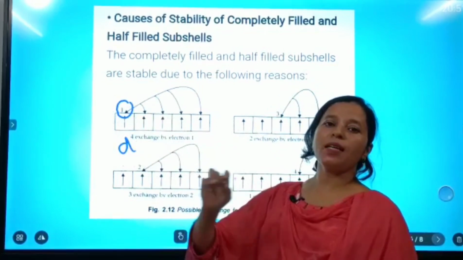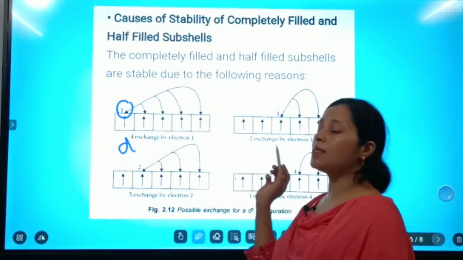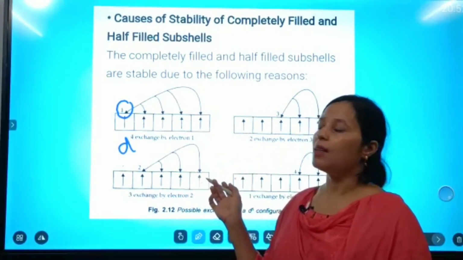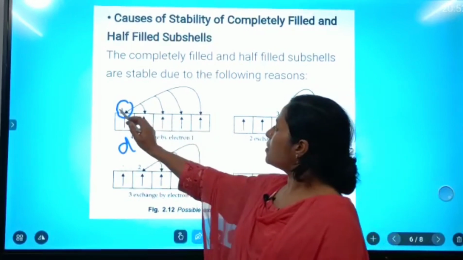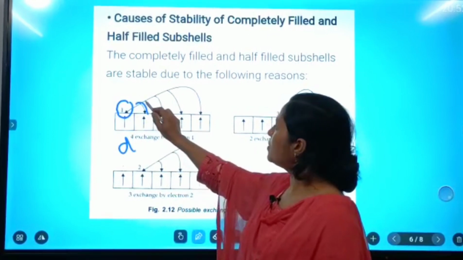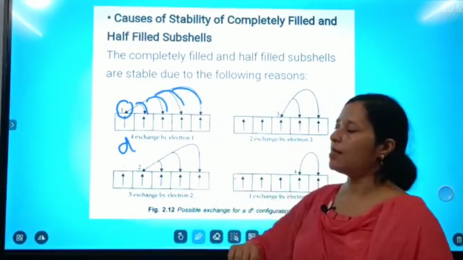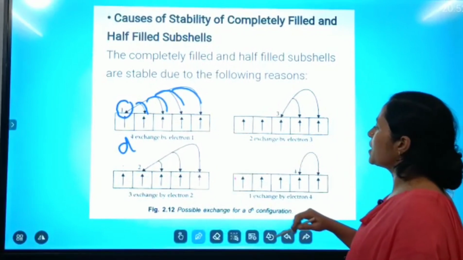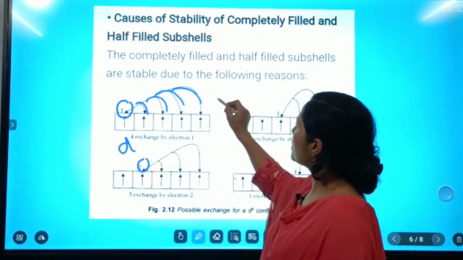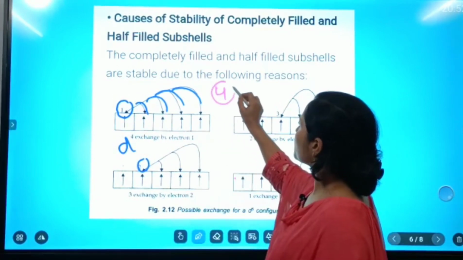These electrons have a tendency to change their positions, and whenever they change their positions, exchange energy is released. This first electron can change its position with the second, third, fourth and fifth one. So it has 4 chances.